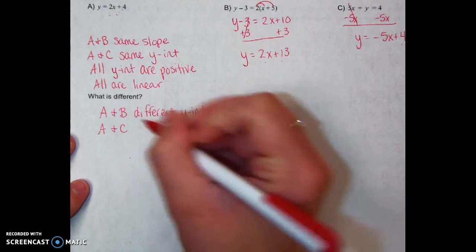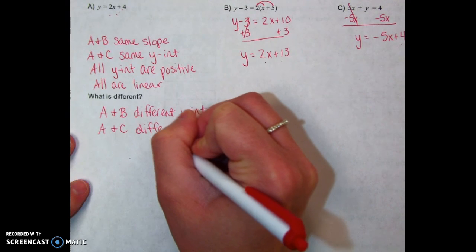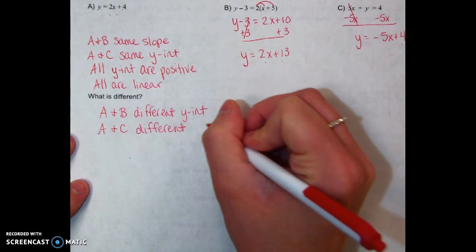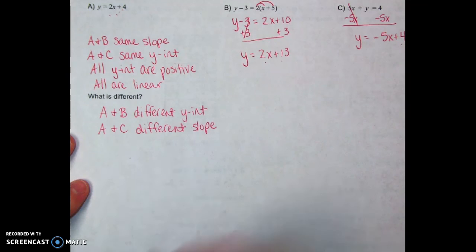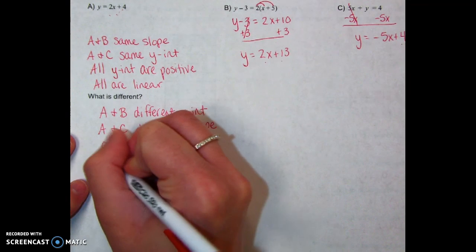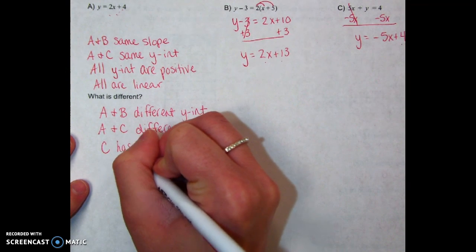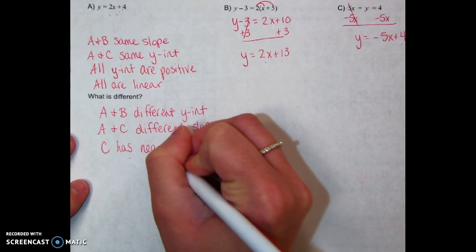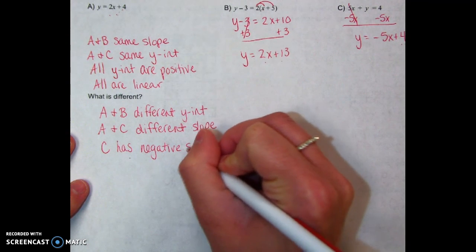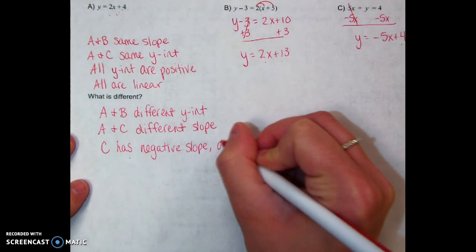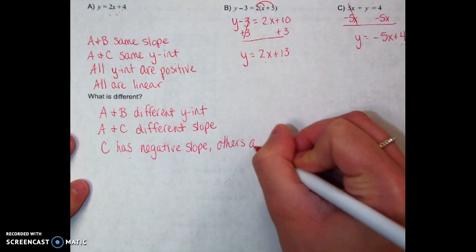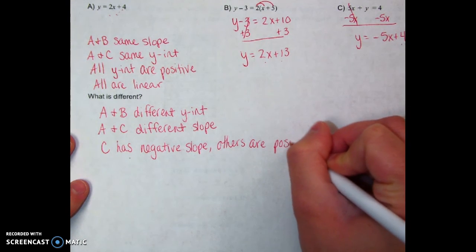A and C have different slope. C has negative slope. Others are positive.